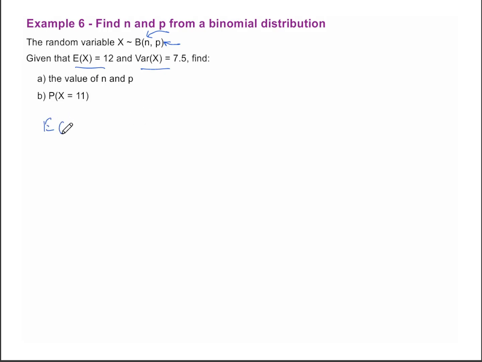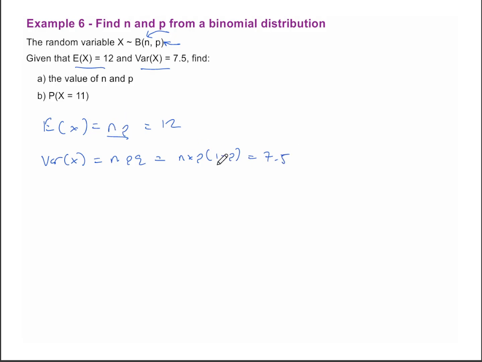So we know that E of x in a binomially distributed discrete random variable is equal to np, which is equal to 12. And we also know that our variance of discrete random variable x is equal to npq whenever it's binomially distributed, which is equal to n times p times 1 minus p, which is equal to 7.5.